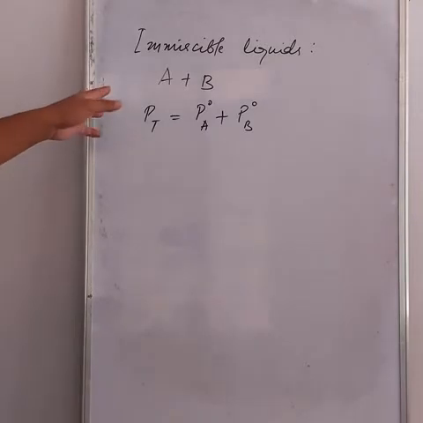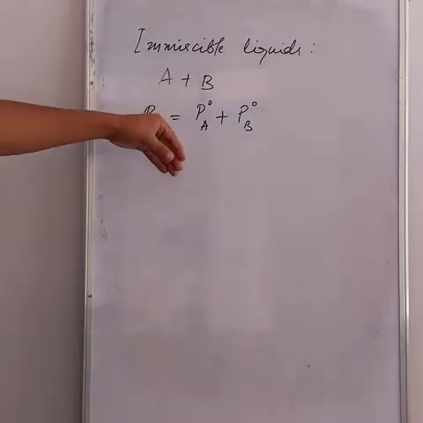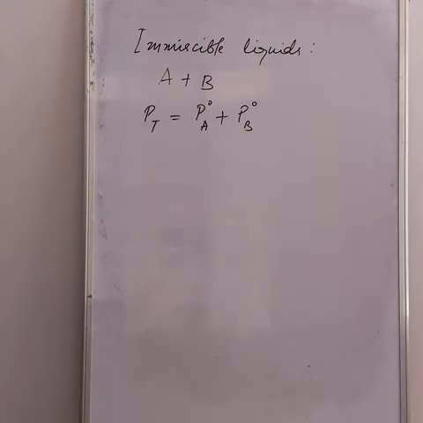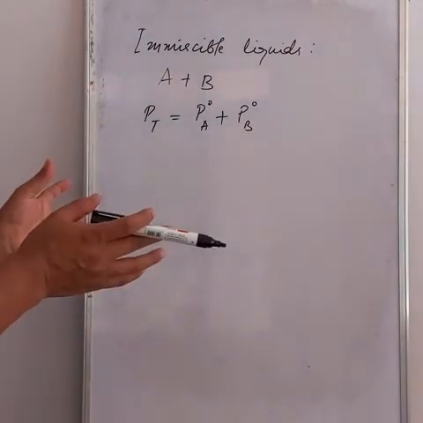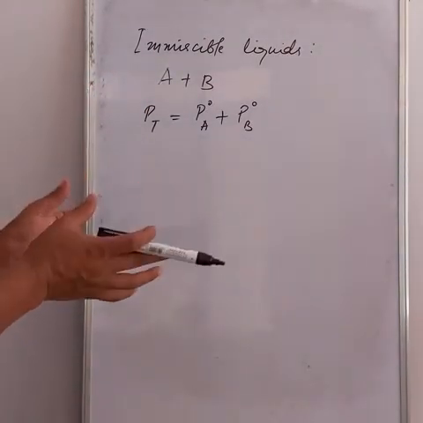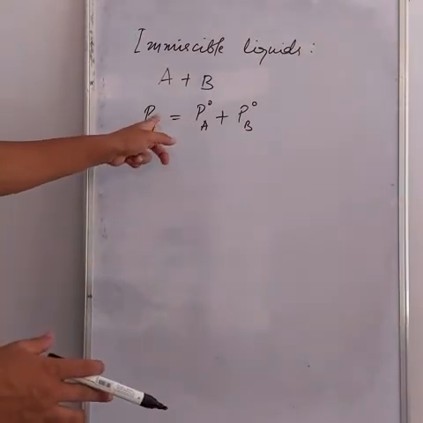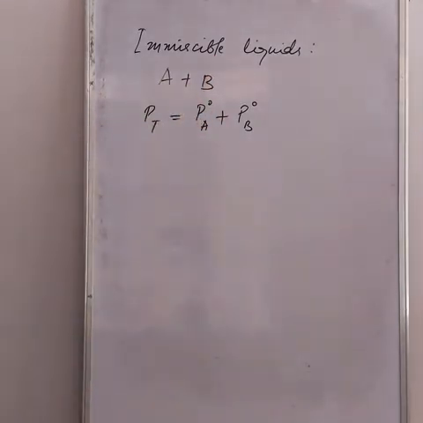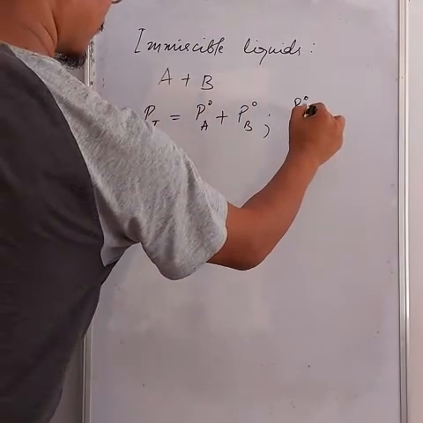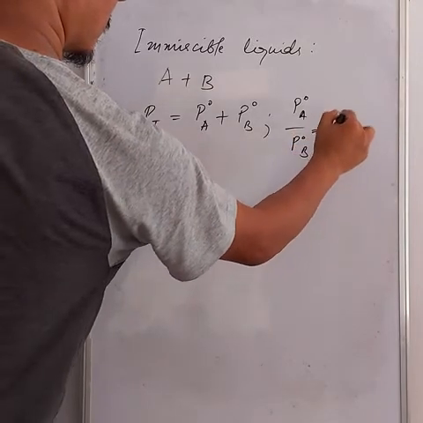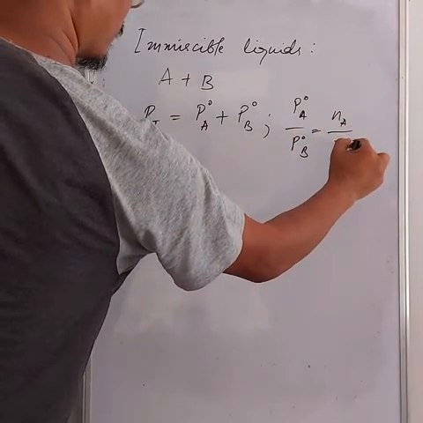Because since they don't mix, they exert different pressures on the container. Therefore the total pressure will be equal to the sum of the individual pressures, or we can say the ratio is also P naught A over P naught B, number of moles of A over number of moles of B.